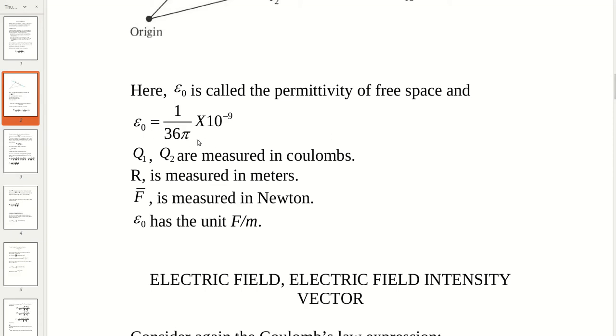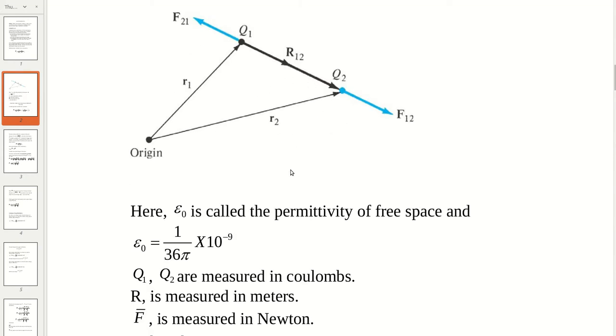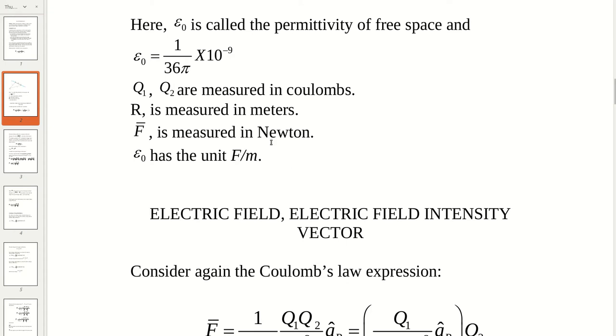Of course it will be different if there is a different medium or different material between the charges. Okay, so Q1 and Q2 are the charges, R is the distance measured in meters, F is the force measured in newtons, and epsilon 0 has the unit farad over meter.